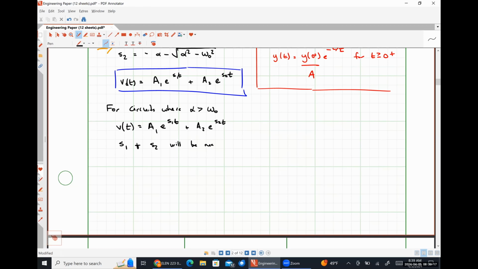will be negative and real. We call this an overdamped system.